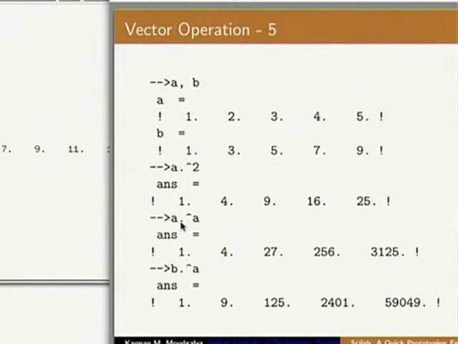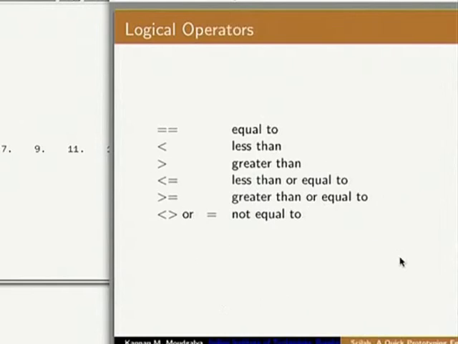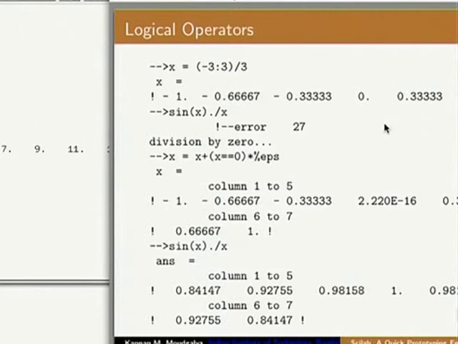In fact, here I have done A dot to the power A. So that means 1 to the power 1, 2 to the power 2, 3 to the power 3, which is 27. This one is 4 to the power 4, 5 to the power 5. So I can do that. Okay. It has all these logical operators, which can be used as in all the conditionals.